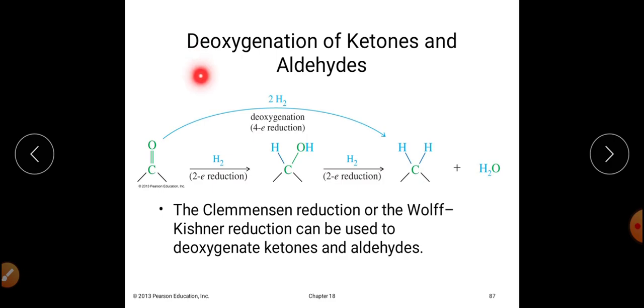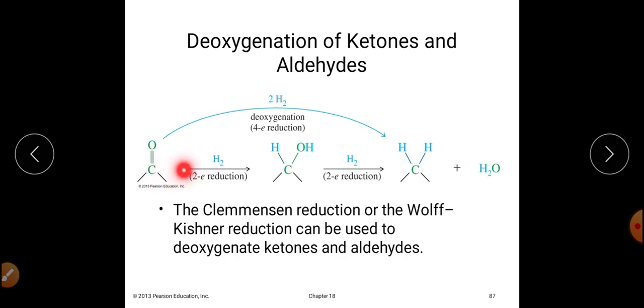So the first one is the deoxygenation of aldehyde and ketones, and the deoxygenation is generally done with Clemmensen reduction or the Wolff-Kishner reduction, in which the C double bond O carbonyl group is converted into methylene, CH2.